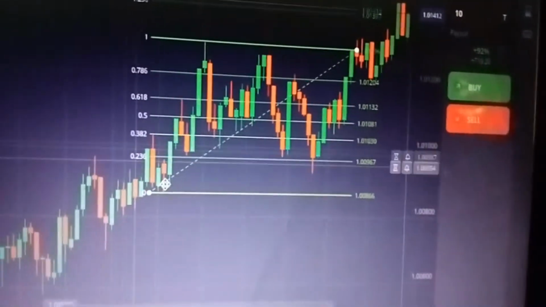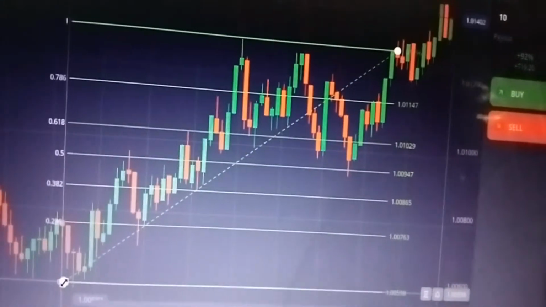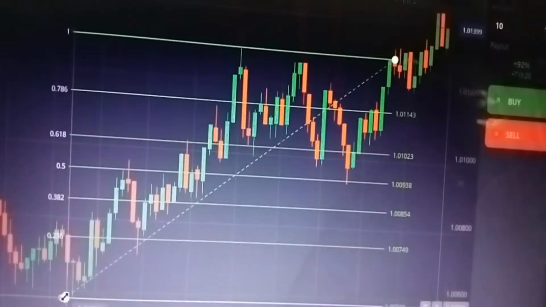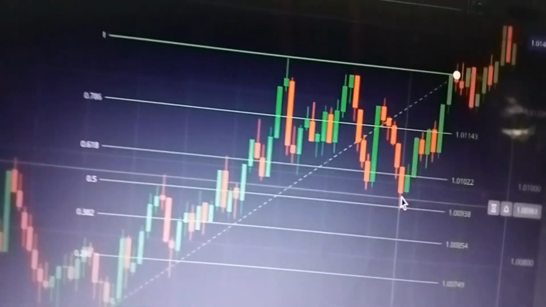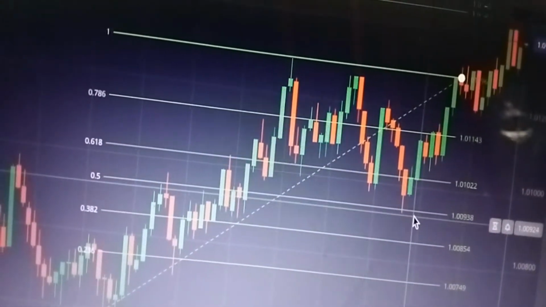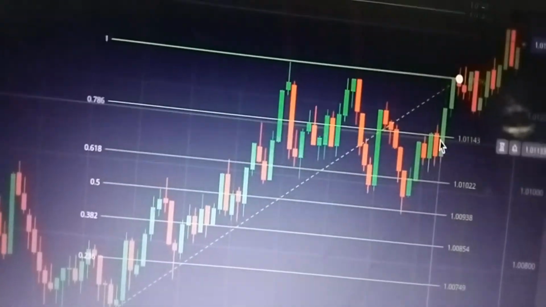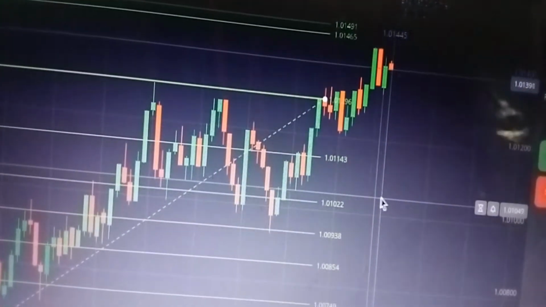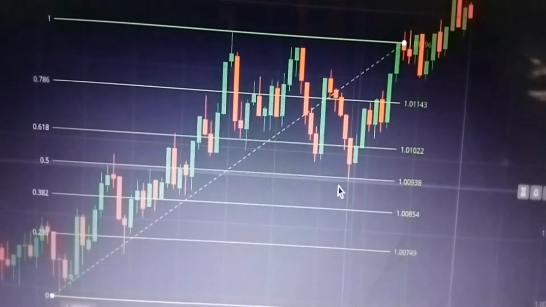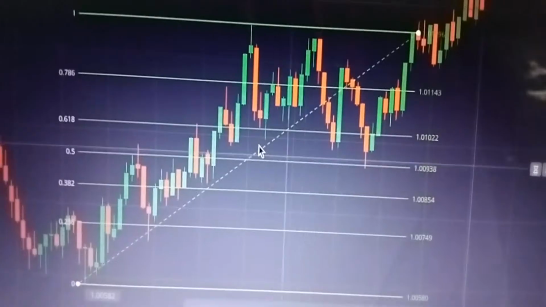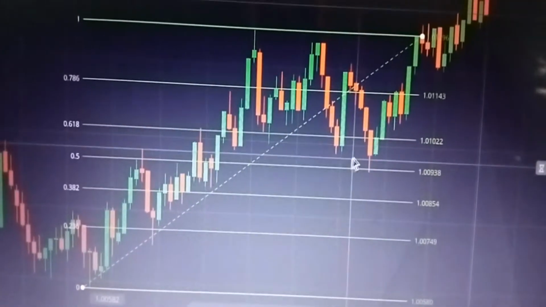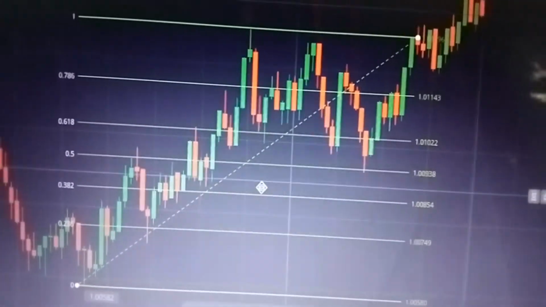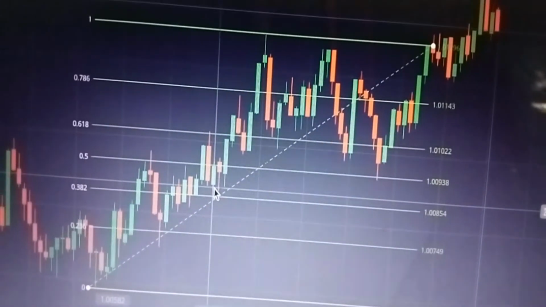And if you want to measure it from a swing low, which is the longest one, you'll see that we hit 50% and then just started pumping. As you can see, every swing is showing us that this is inside an optimal trade entry.